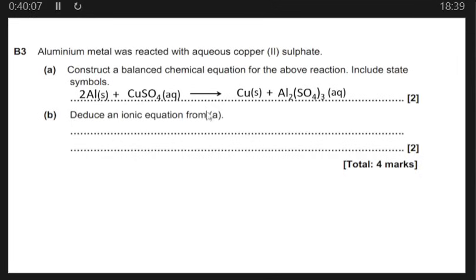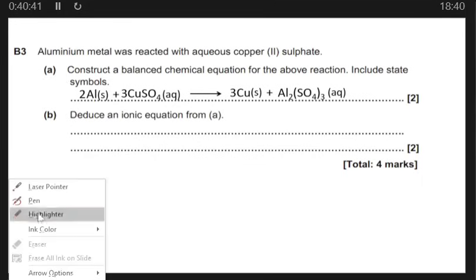Sulfur here is 1, but here, with this 3, it means it is 3. So put a 3 here, to balance it also. This 3 will affect copper here. Copper here will be 1, but here it is 3, so put a 3 here. So it is balanced, with aluminium 2 here. Okay. Then what else?